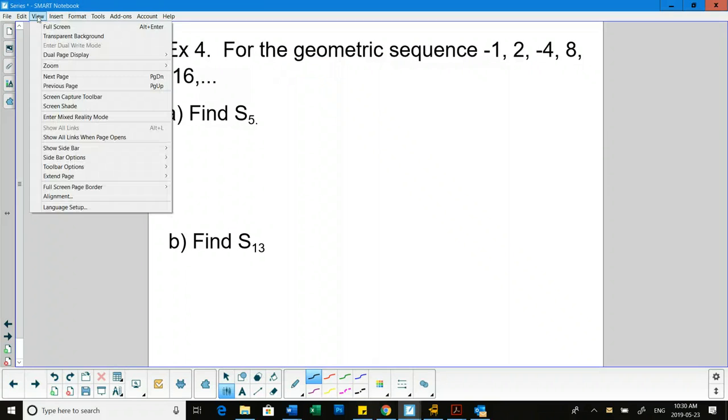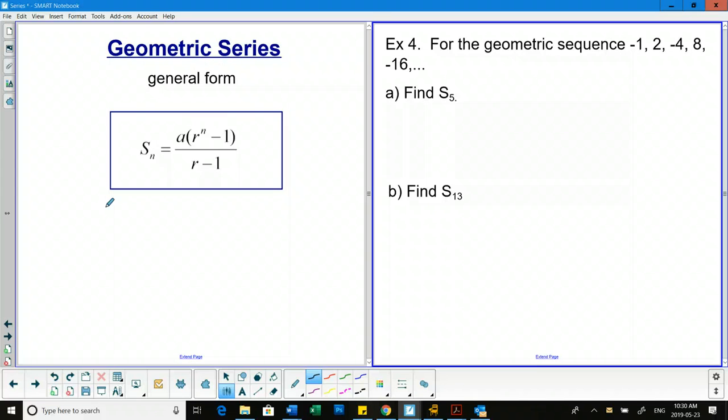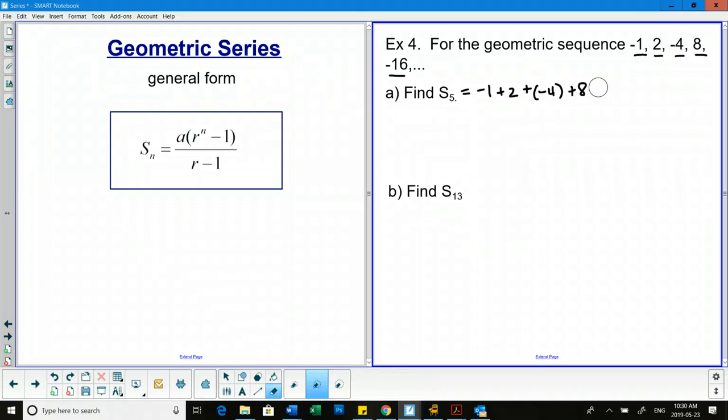So if I'm using this, let's go on 2 pages one more time here. If I'm using this to find S5, I think we already know the first 5 terms, so do we necessarily need to plug this into the formula? I think we can just add them together. So this is kind of what I was talking about yesterday with just using your common sense. So we're just going to add these guys together.